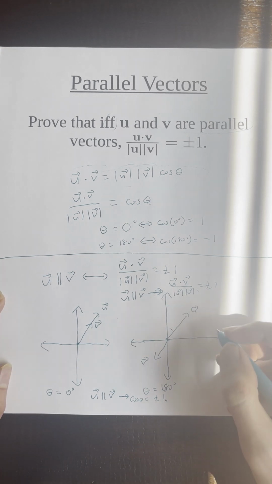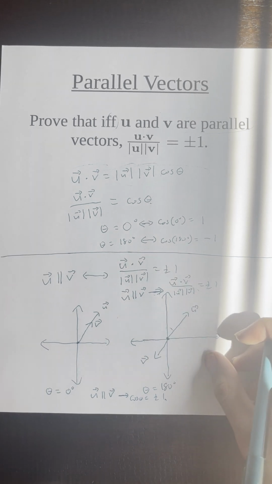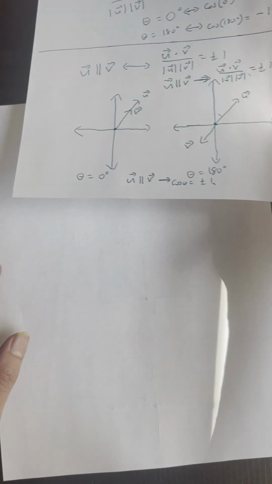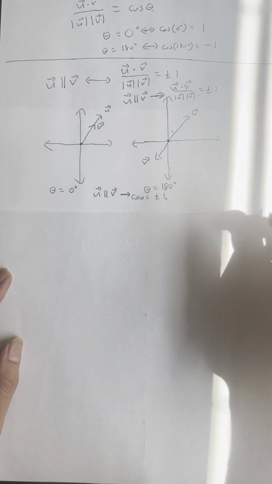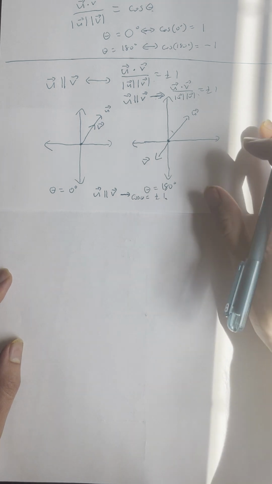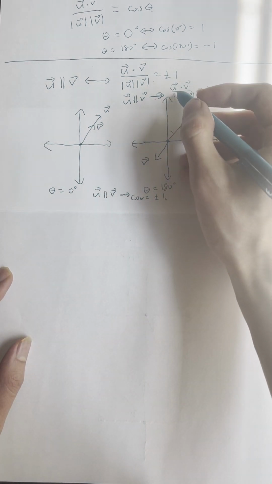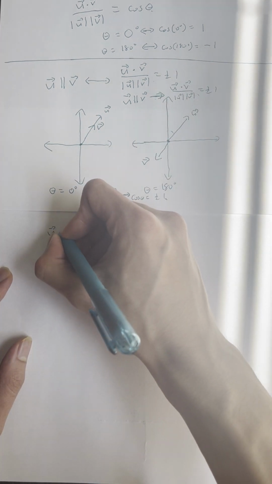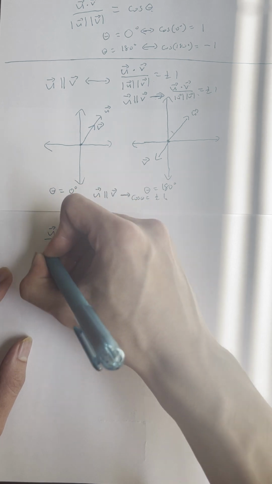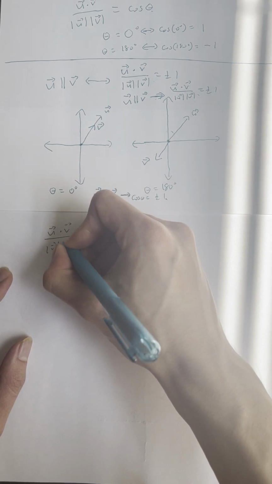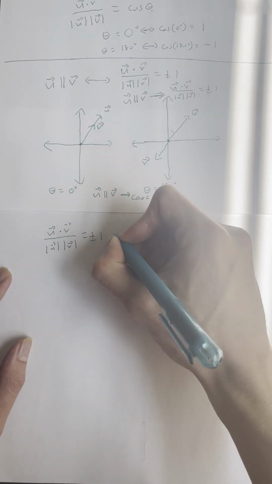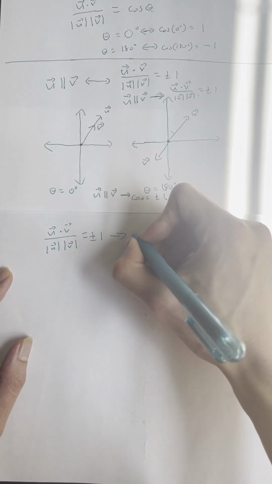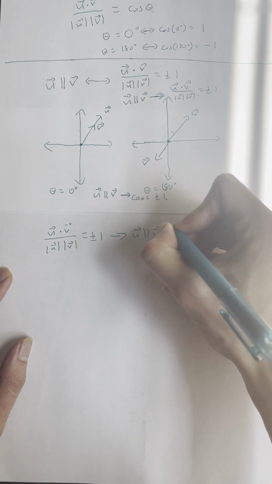Now we also need to show that the reverse is true. So basically, let me get another sheet. We need to show that the dot product divided by the product of the magnitudes being equal to plus or minus 1 implies that u is parallel to v.